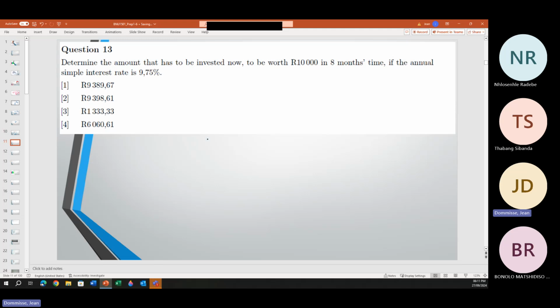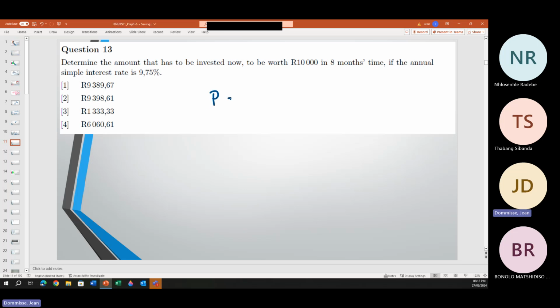Okay, not. So let's see that we just work it out correctly with the information that they give us. So they tell us that we need to determine the amount that has to be invested now.